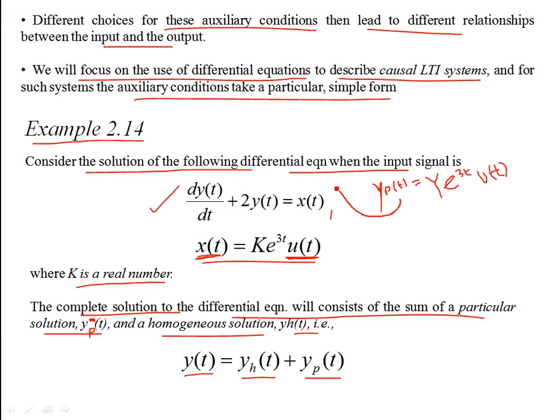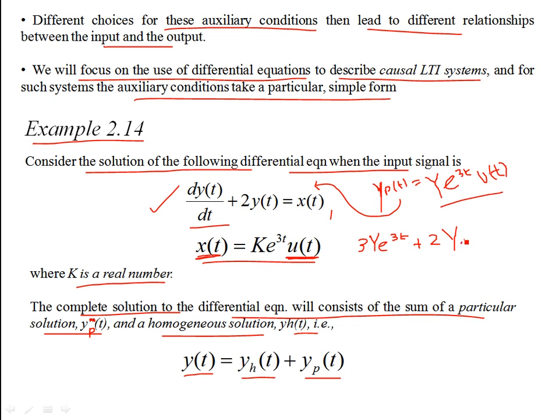Now let's substitute this in the differential equation to find what Y is. The first term is the derivative of y_p(t), which becomes 3Y e^{3t}, and then plus 2Y e^{3t}.